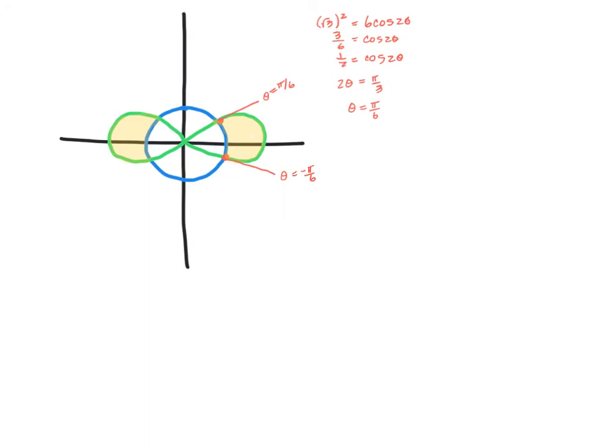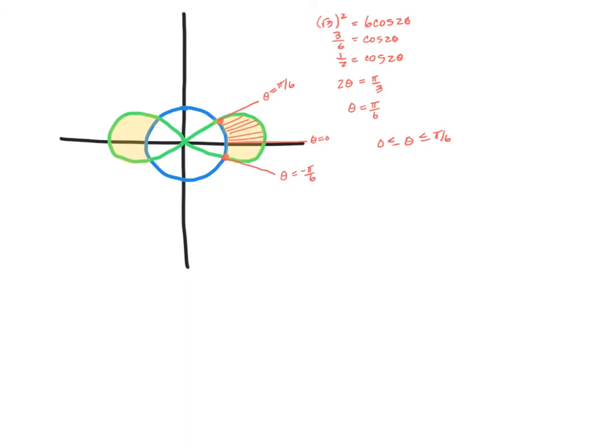So instead, I'm going to look at theta starting at 0, look at this first piece here, figure out what that area is, and just multiply it by 4. So I'm going to look at my theta values going from 0 to pi over 6.